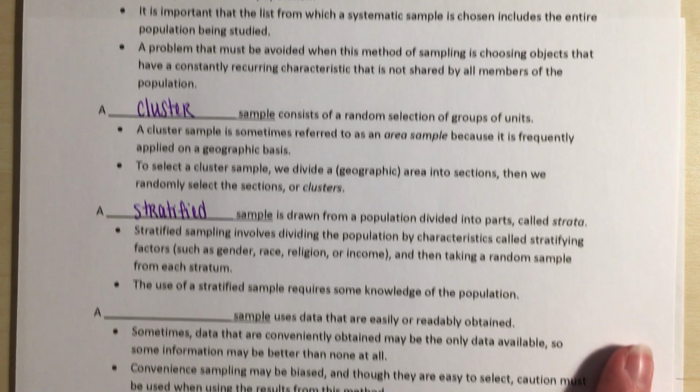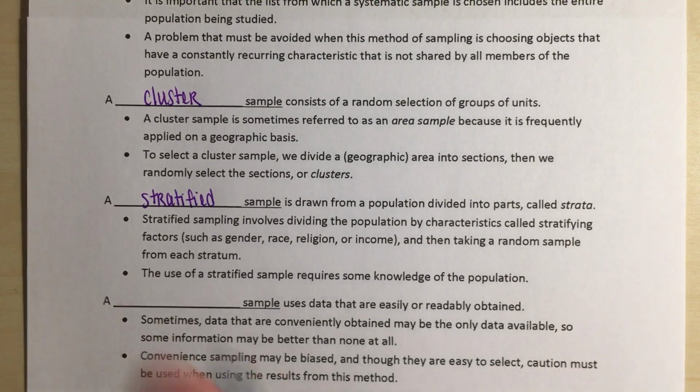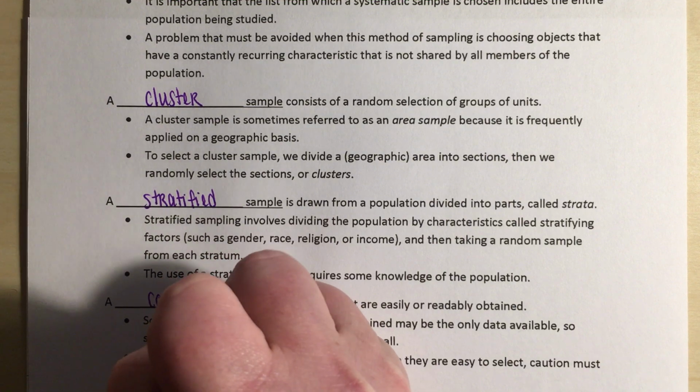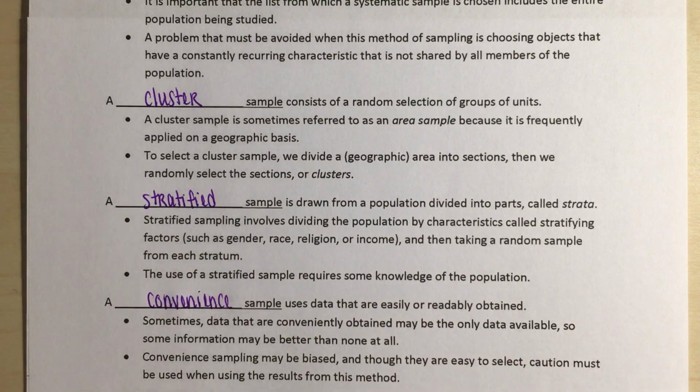All right, and then the last type of sample that's listed is a convenience sample. A convenience sample uses data that are easily or readily obtained. Sometimes data are conveniently obtained, maybe the only data available, so some information may be better than none at all, but convenience sampling may be biased.